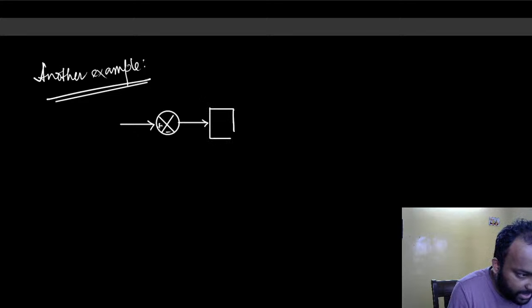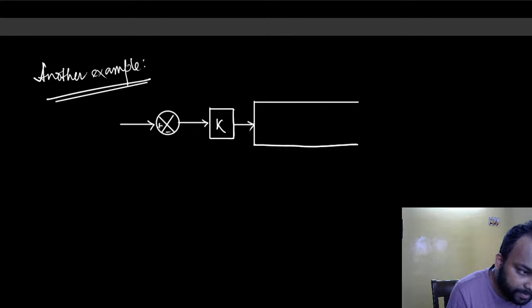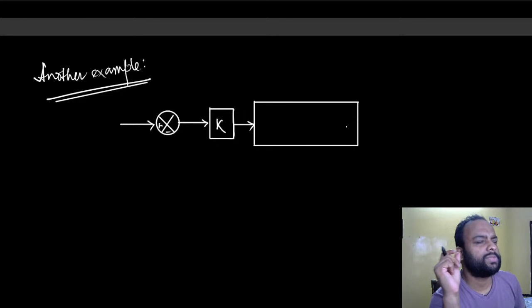Again, we have a forward path gain. We could have just given you the transfer function. I'm just drawing it for the sake of some sort of completeness here. Let me think about it, how I'm going to pose this problem.